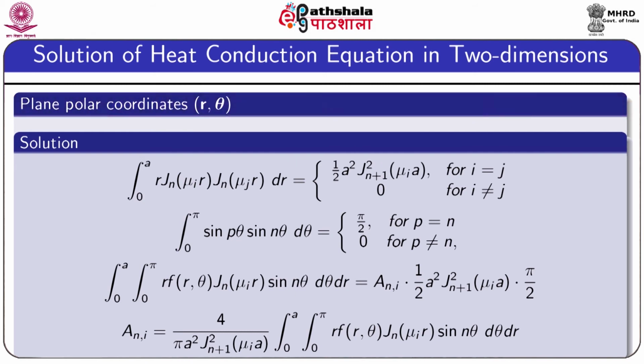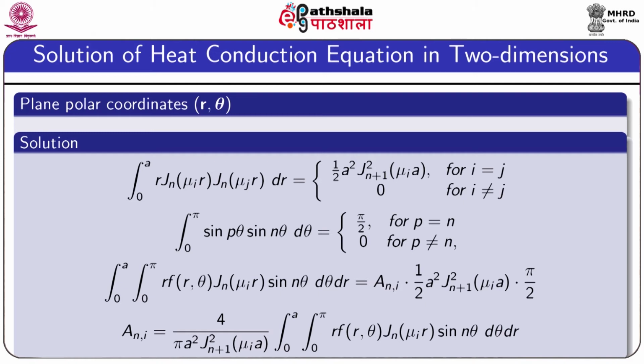The integration from 0 to a, and 0 to π, of r f J_n sin(nθ) dθ equals A_nl times a squared by 2 J_{n+1} squared (μ_l a) into π by 2. Here we have used the orthogonality properties.